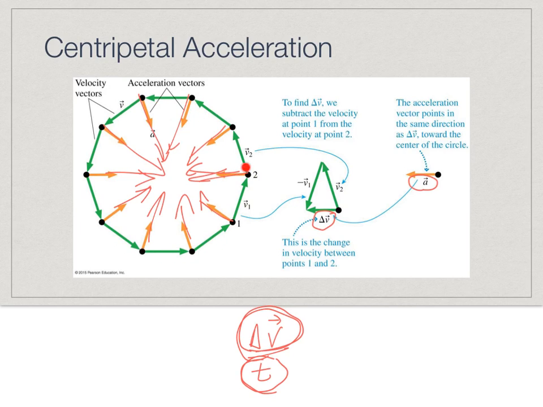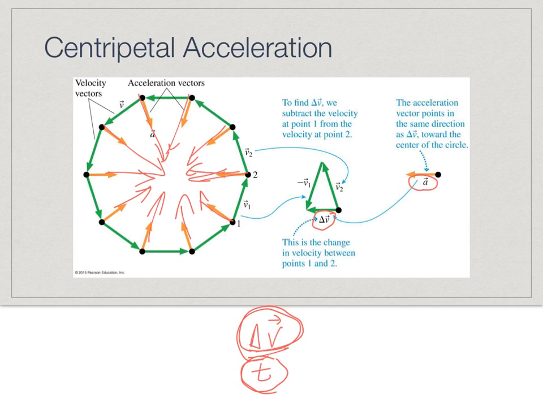And what is the direction of that acceleration? At all times, that direction is inward towards the center. What we call this is centripetal acceleration. Centripetal acceleration, an inward acceleration. And this is an acceleration that is only due to change of direction.